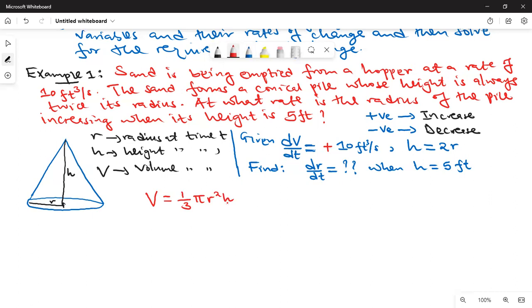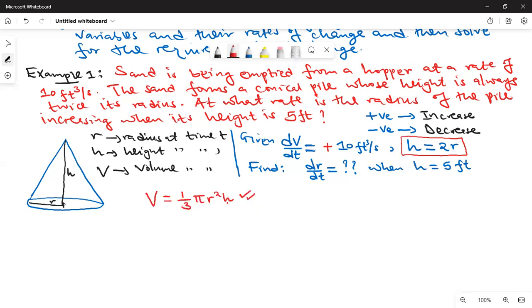But because I need a relation between V and r, and look at what I'm given: I'm given dV/dt and we are given h in terms of r. So you can use this to get rid of one of the variables. Because in this equation, we have three variables, it is easier to reduce the number of variables so that you make your work easy.